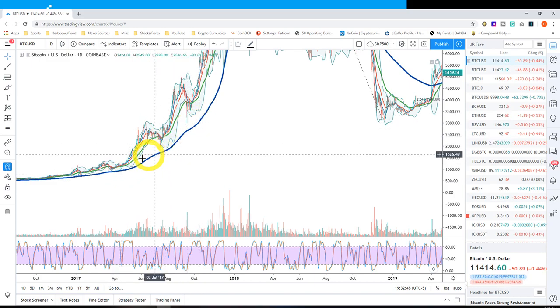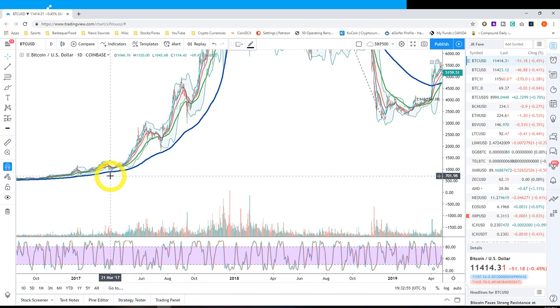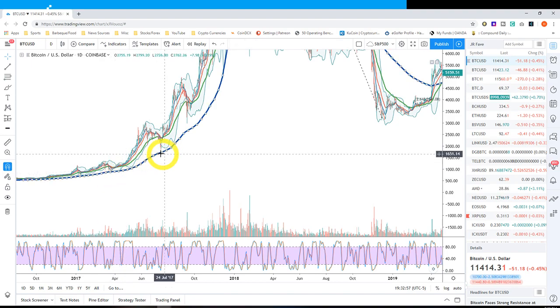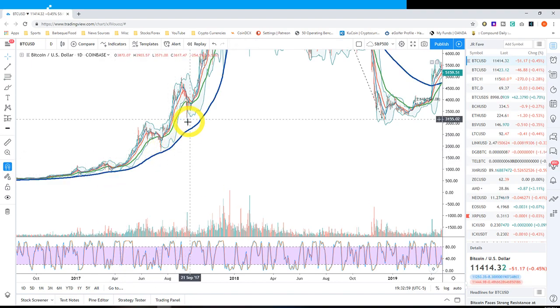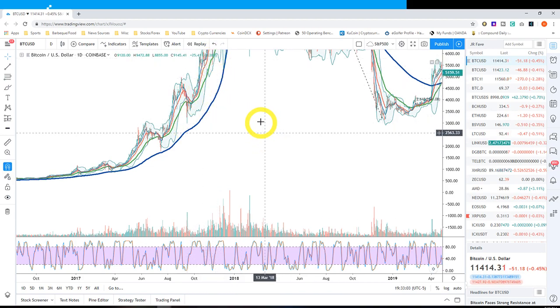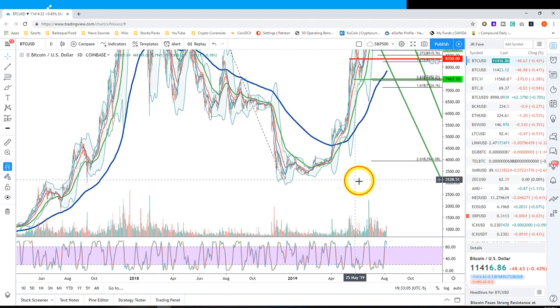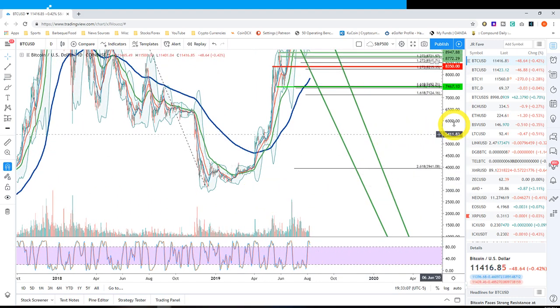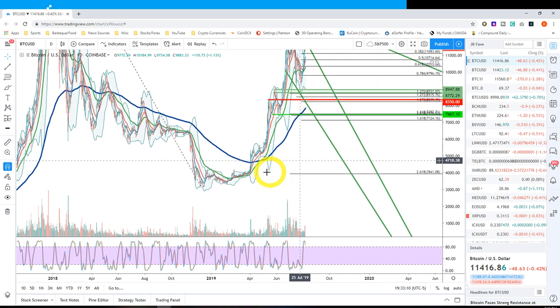Two for sure tests, and they were big, huge wicks. And then it almost did it a 4th time, held it, and made that monster move. And right now, after breaking through it, we haven't even tested it once. Not one time.